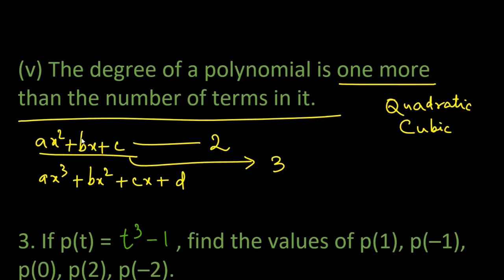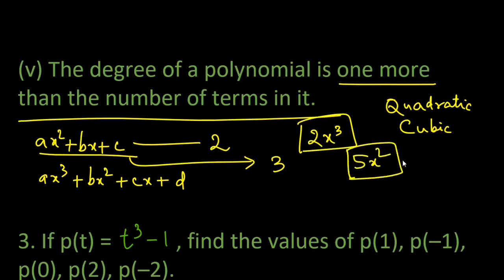There may be some terms missing. The polynomial can be written as 2x cubed. This is a polynomial. Say 5x square. This is also a polynomial. The degree of this one is 3 and the degree of the other is 2. Here only one term is there, but the degree is 2.